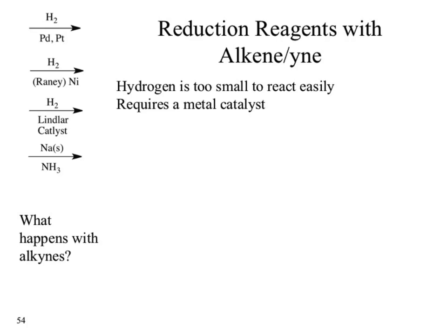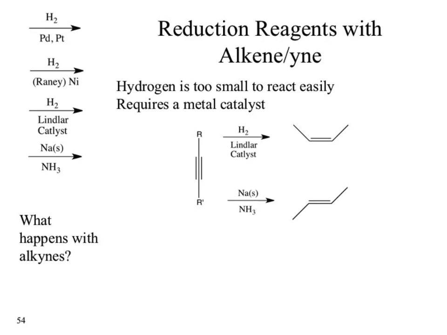Or at least we can't control it by changing the hydrogen concentration. What we will try to do is limit how the alkene can react with the platinum catalyst. If we can prevent the alkene from getting to the catalyst, then we can't do the reduction.